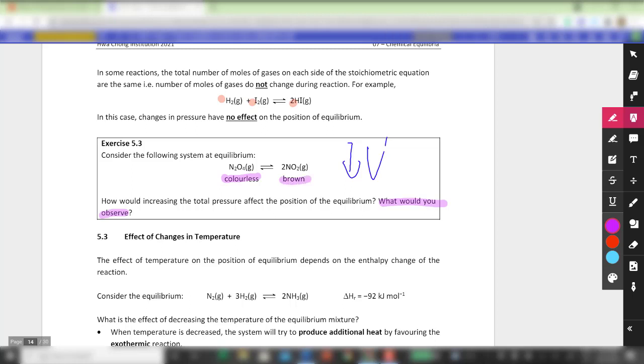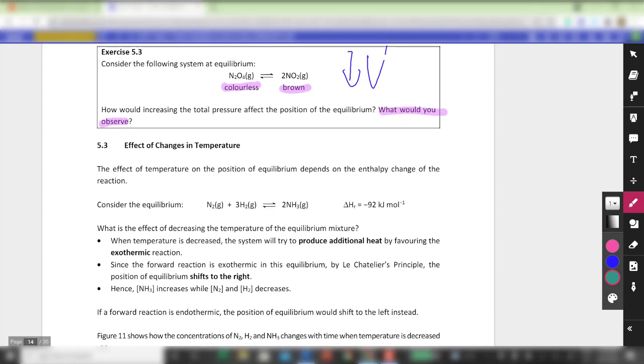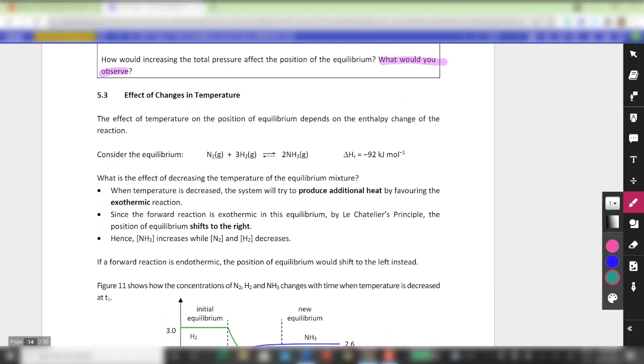But if I shift more to the left, the number of moles of NO2 drops, so the intensity of brown actually decreases. Going through the idea of equilibrium is not the same as teaching you assessment skills, but these are little things you need to be mindful of. Answer the question in full, as simply as possible.